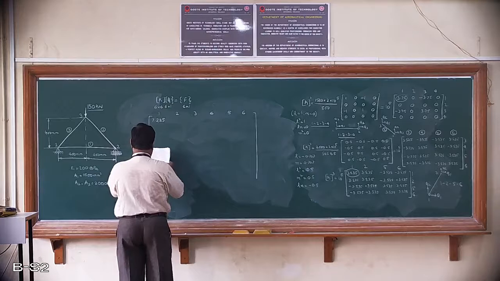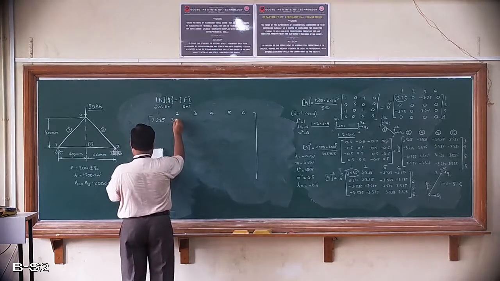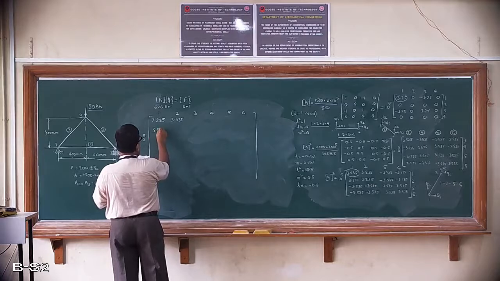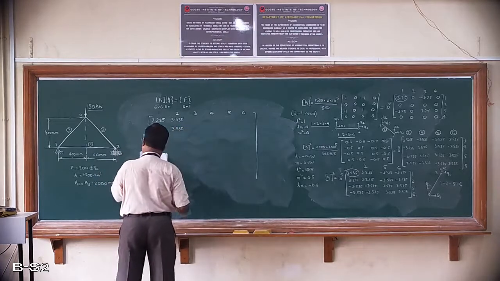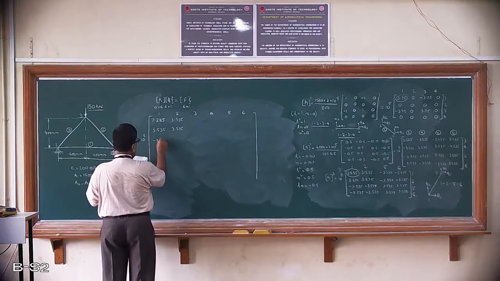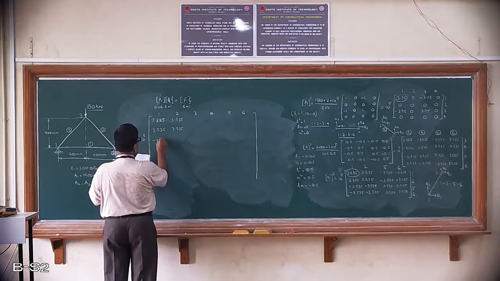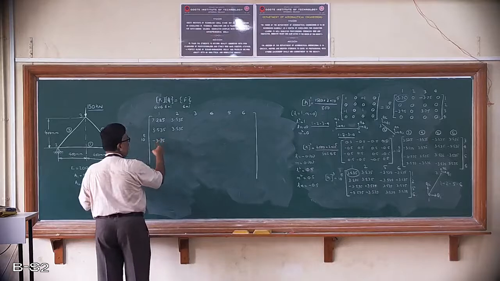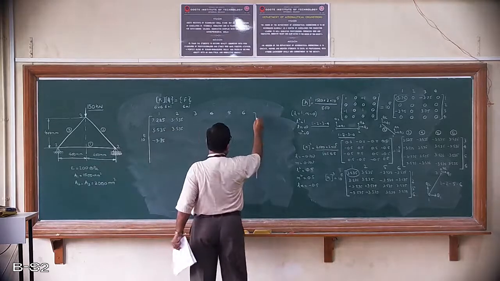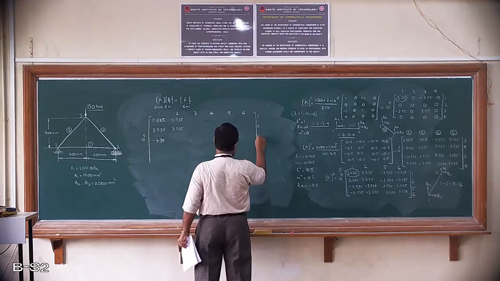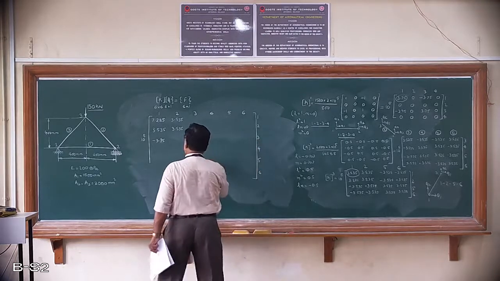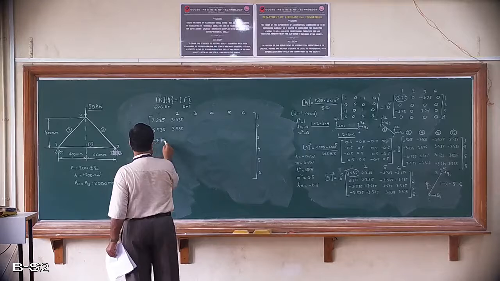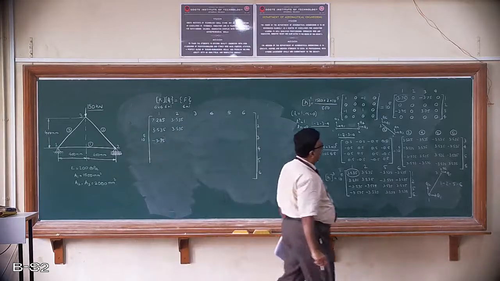Then similarly, for the second row, 3.535, 3.535, and this as usual comes 3.3. This is again interesting. This is going to be 1 and 3. What is this 1, 3?